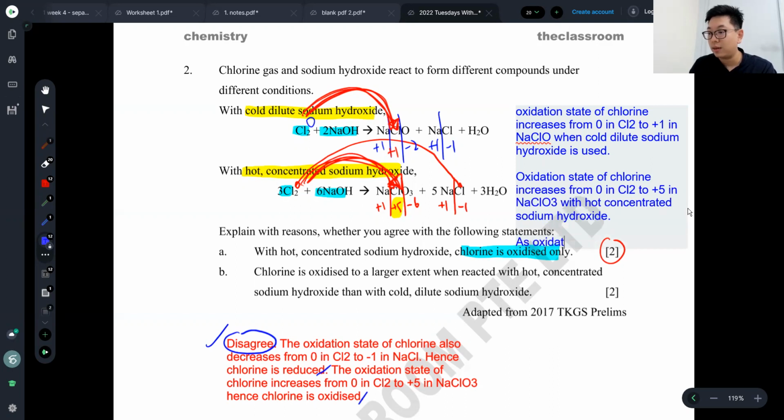As oxidation state increase is larger for hot concentrated sodium hydroxide, chlorine is oxidized to a larger extent. Agree.